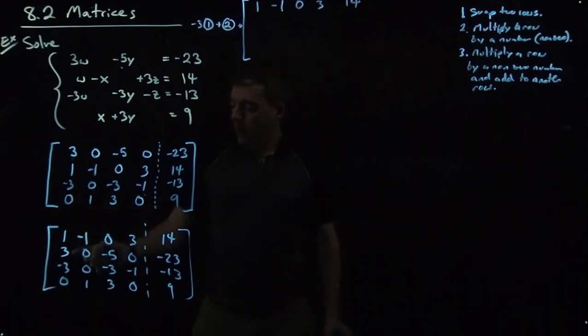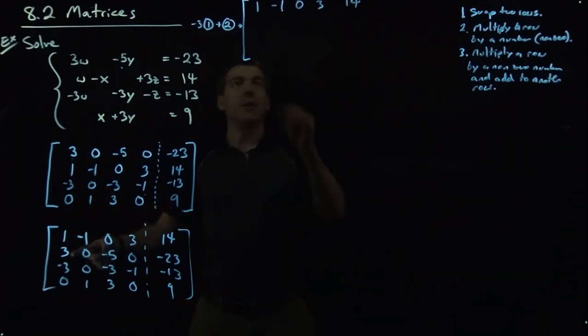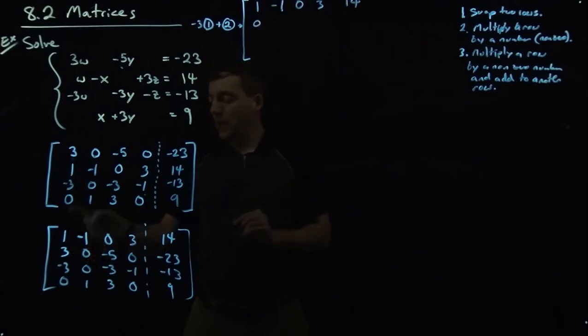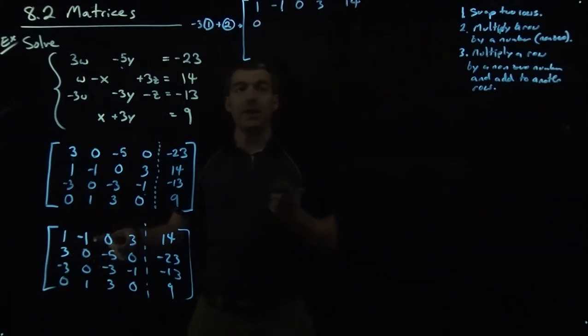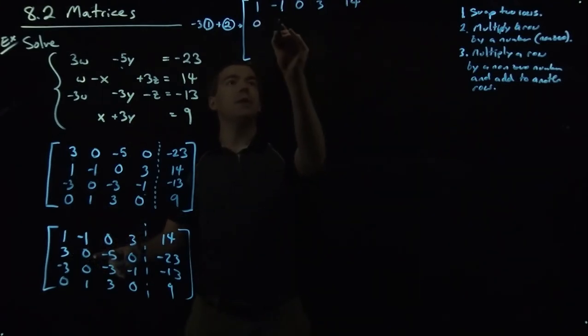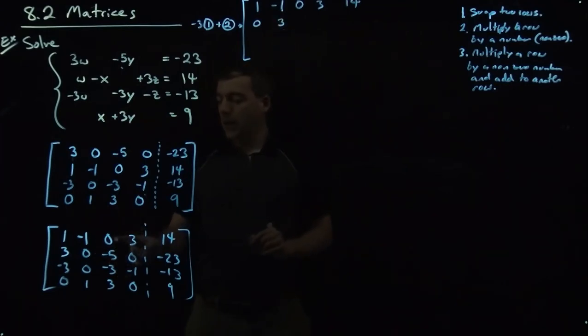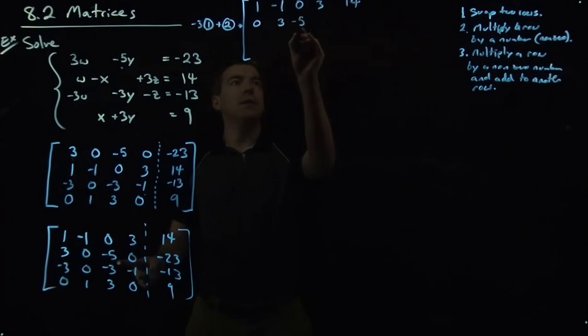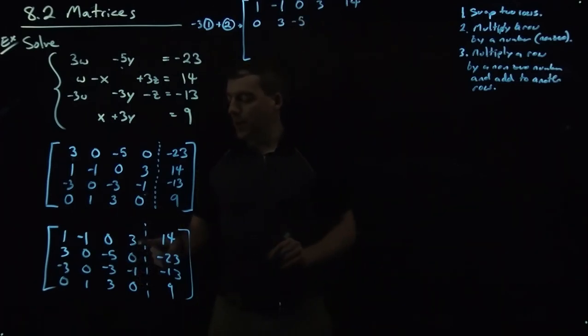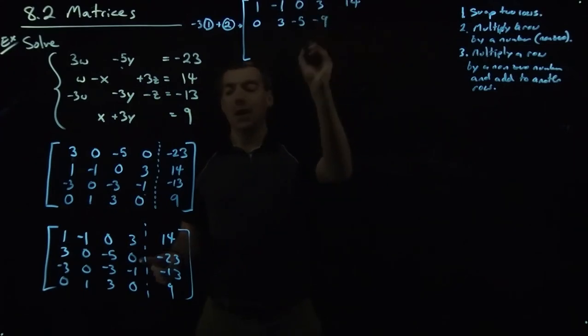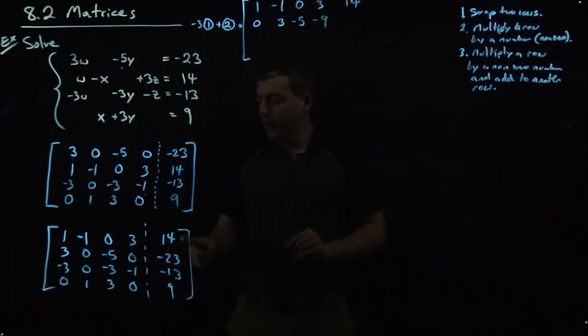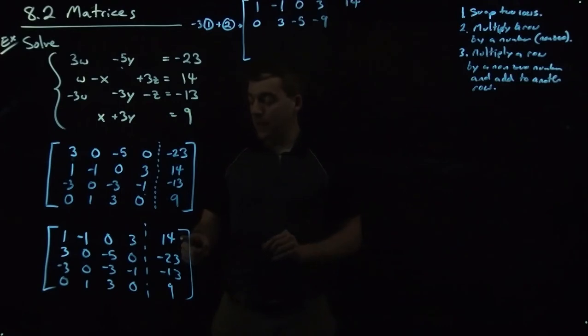-3 plus 3 is 0. -3 times -1 is 3, plus 0 is 3. -3 times 0 is 0, minus 5 is minus 5. -3 times 3 is -9, plus 0 is -9. -3 times 14 is -42.